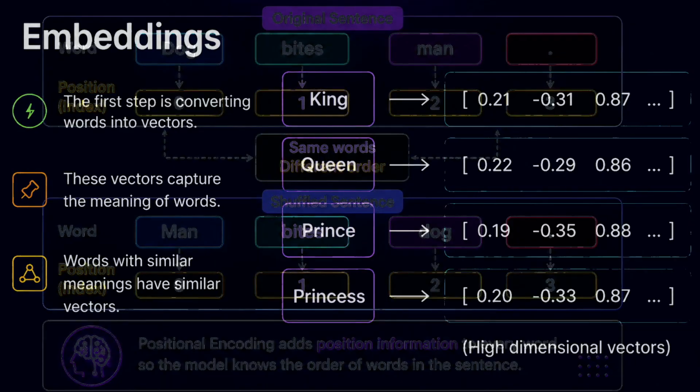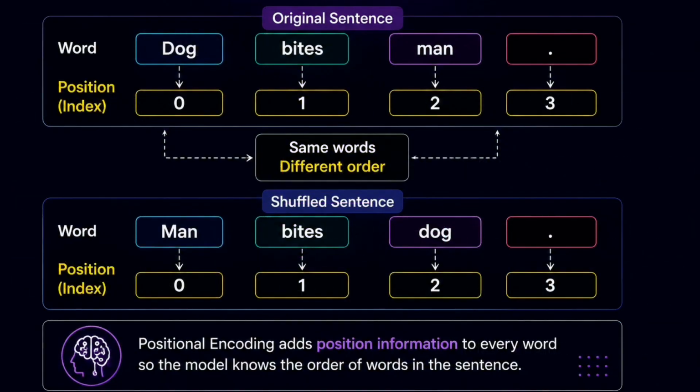Now, in simple terms, let's understand positional encoding. Let's say I shuffle the words. Dog bites man. If I shuffle these words, it becomes something like man bites dog. Same words, right?